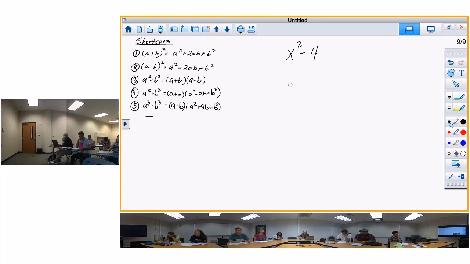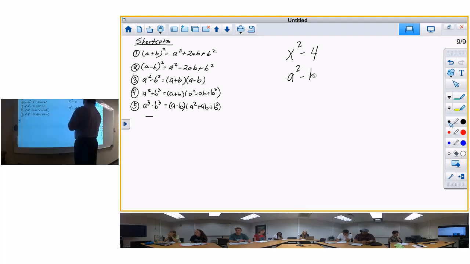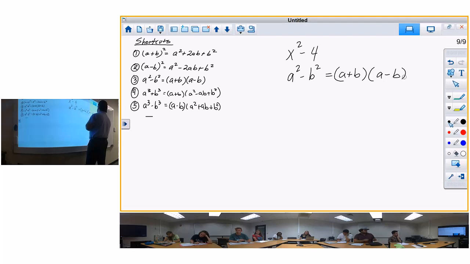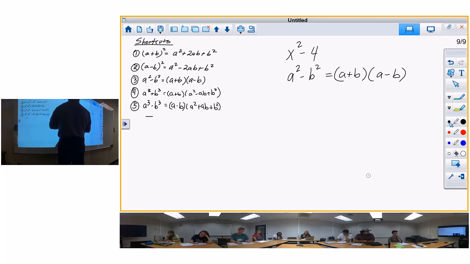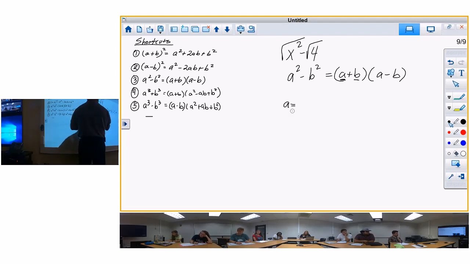A squared minus B squared equals A plus B times A minus B. Now, I don't want A squared and B squared. I want A and B. So I'm going to take the square root of this guy and the square root of this guy. What's the square root of X squared? What's the square root of 4?